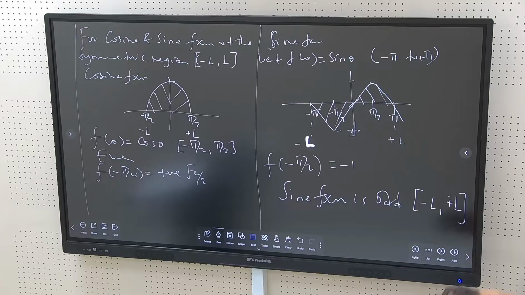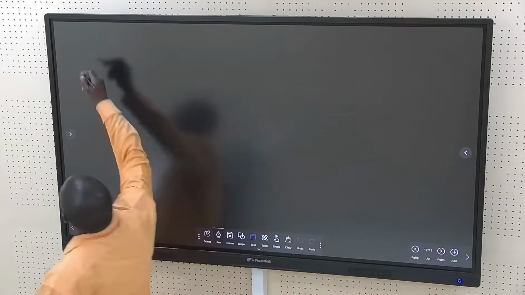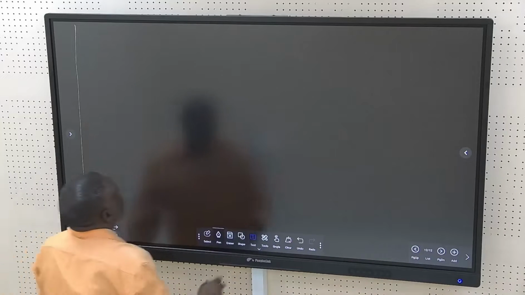And even when you compute the areas of an even function or odd function, you see that they have a certain good behavior.